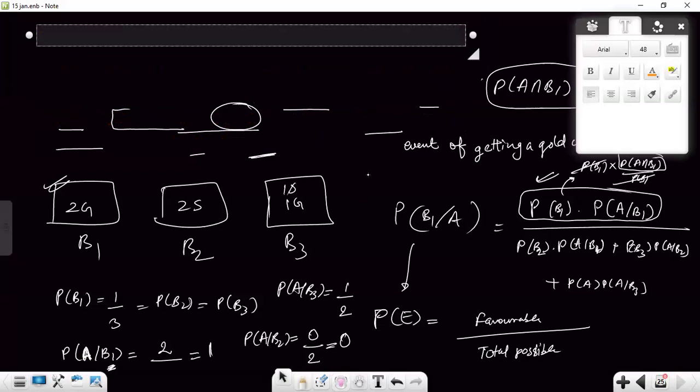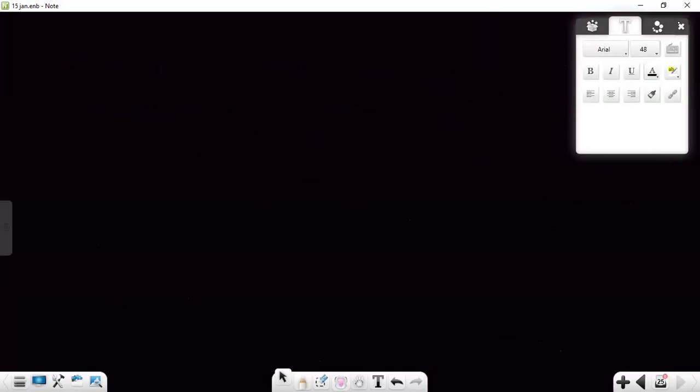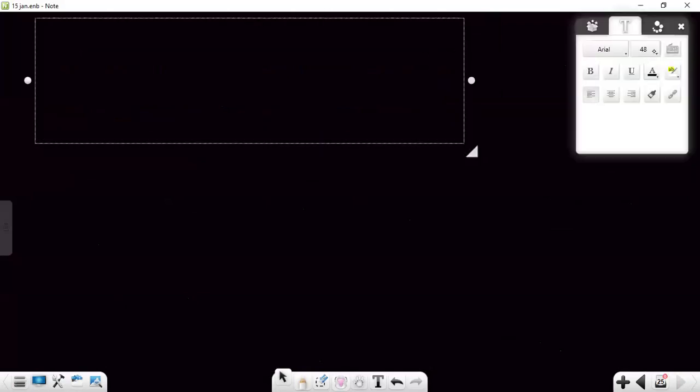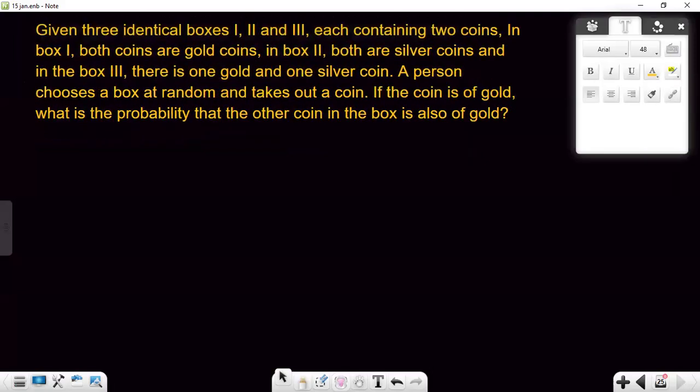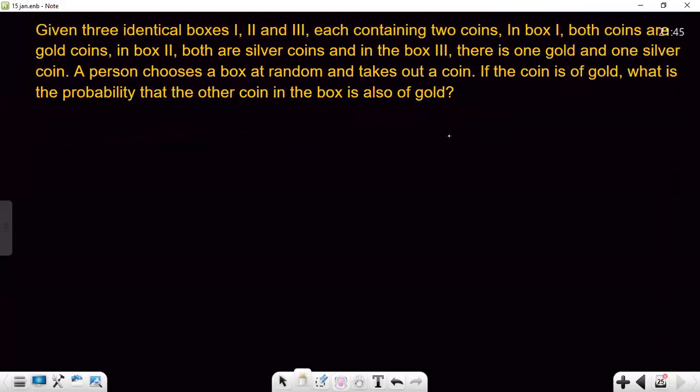Okay, let me rewrite everything in a better manner. So given there are three boxes: box B1 has two gold coins, box B2 has one gold, one silver coin.